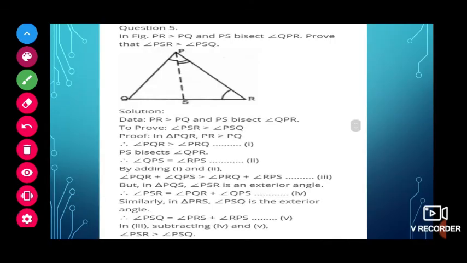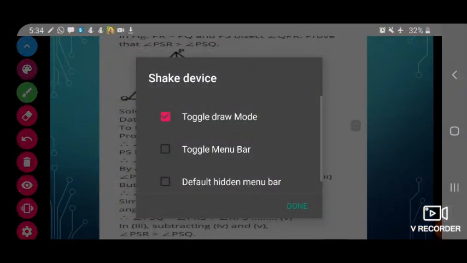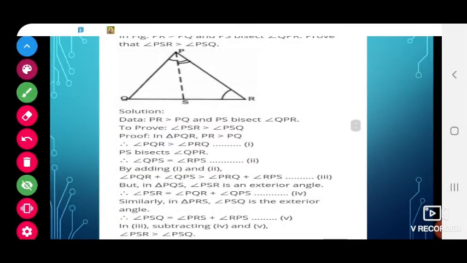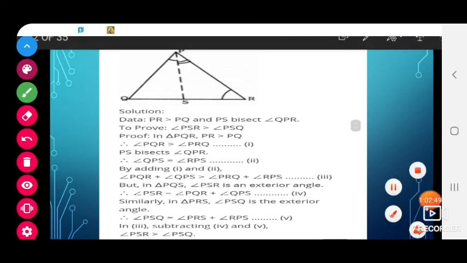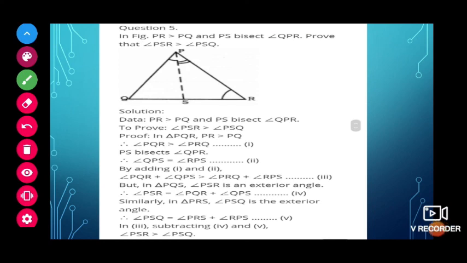Okay. Next, question number 5. In the figure, PR is greater than PQ, and PS bisects angle QPR.